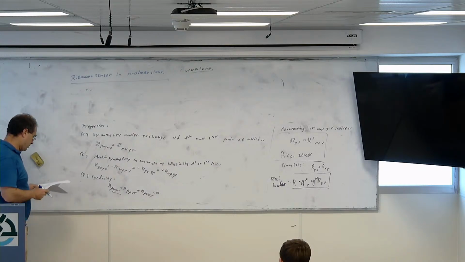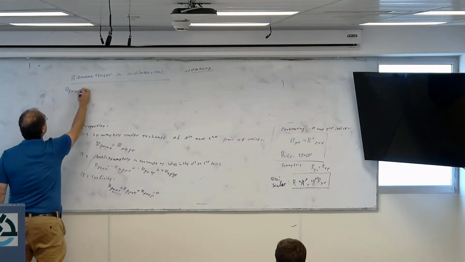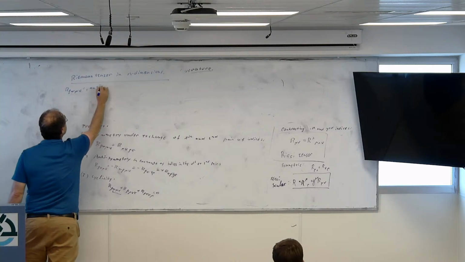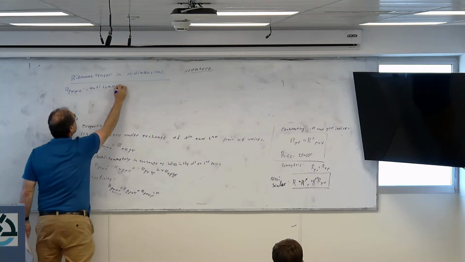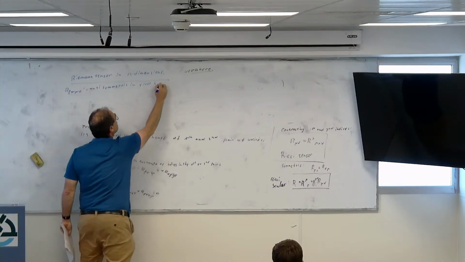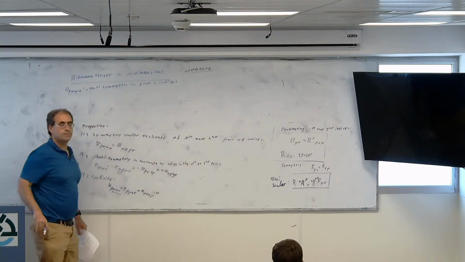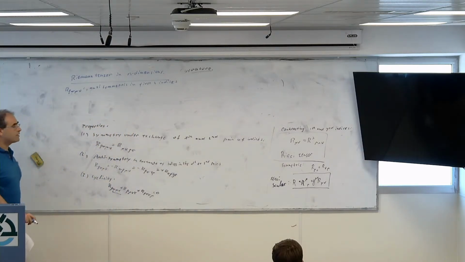We said that R rho sigma mu nu is anti-symmetric in the first two indexes. The question that I'm asking now is how many independent components does the Riemann tensor have?